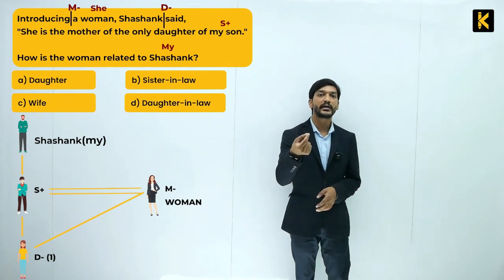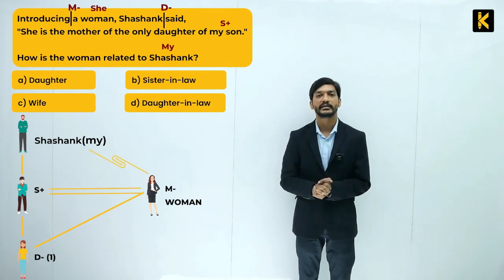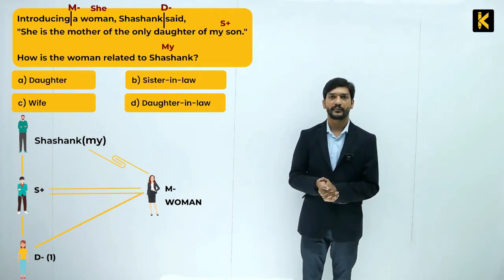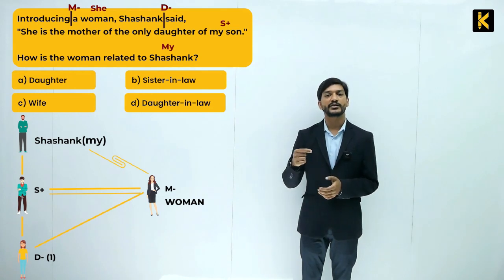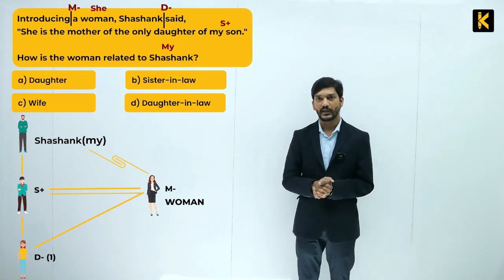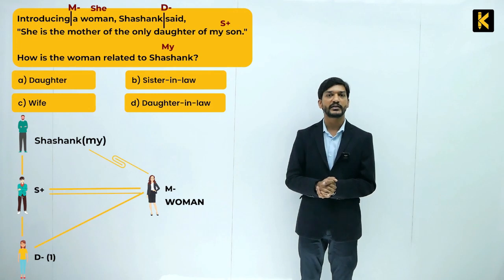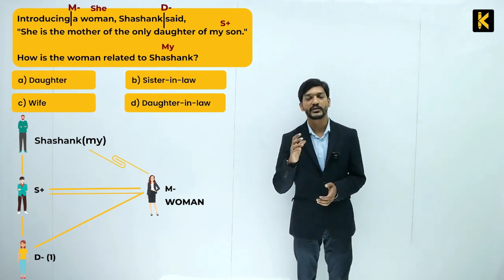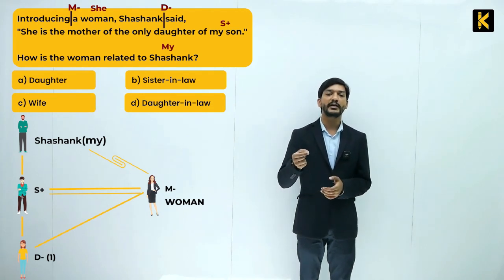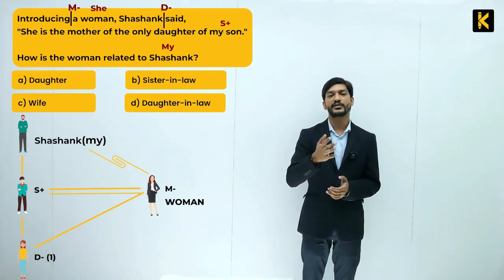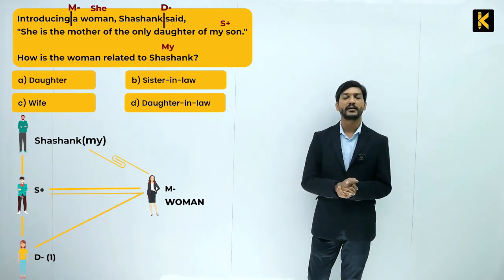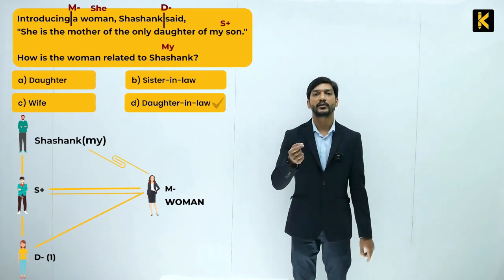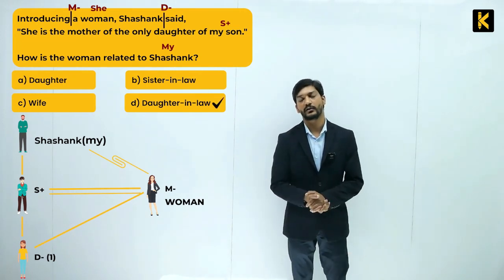Let me show the in-law symbol which we have standardized. If I say, what is Shashank with respect to the woman, that means M minus, you will say Shashank is the father-in-law. In case you ask the opposite, I will say the woman is the daughter-in-law of Shashank. But they are asking, how is the woman related to Shashank? So the woman is the daughter-in-law of Shashank.